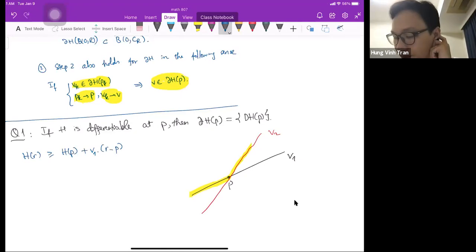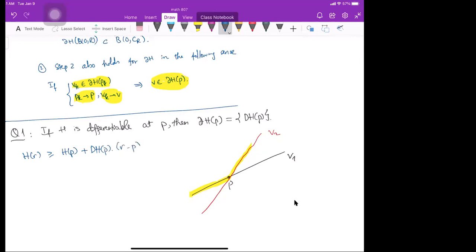Let me see what's the best way to explain. Okay, hold on. Maybe the easier way to write is like that. So h needs to be a convex function too.